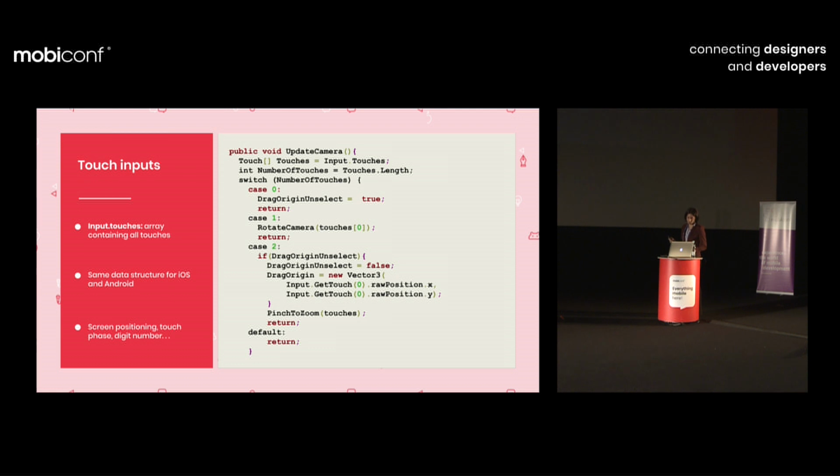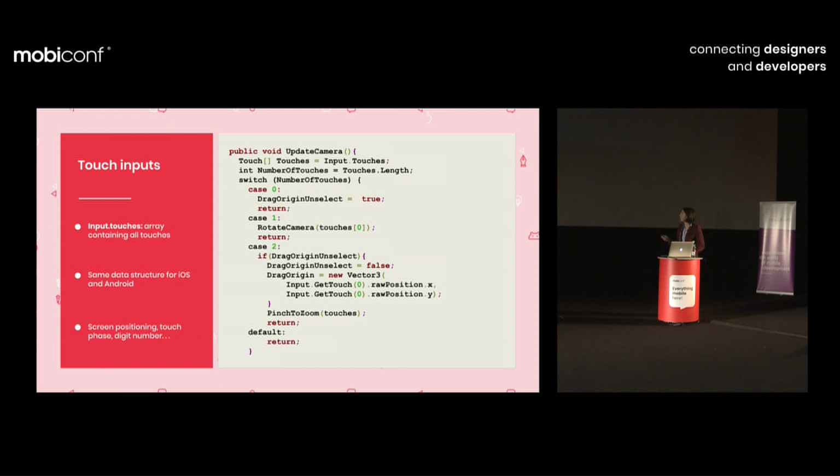All the touches that at a certain point are active on our device are stored in an array called touches. You can just retrieve them using the input class, Input.touches.